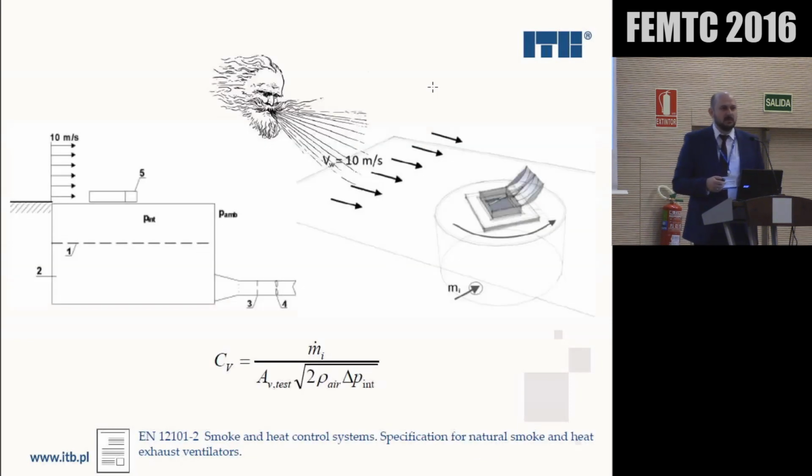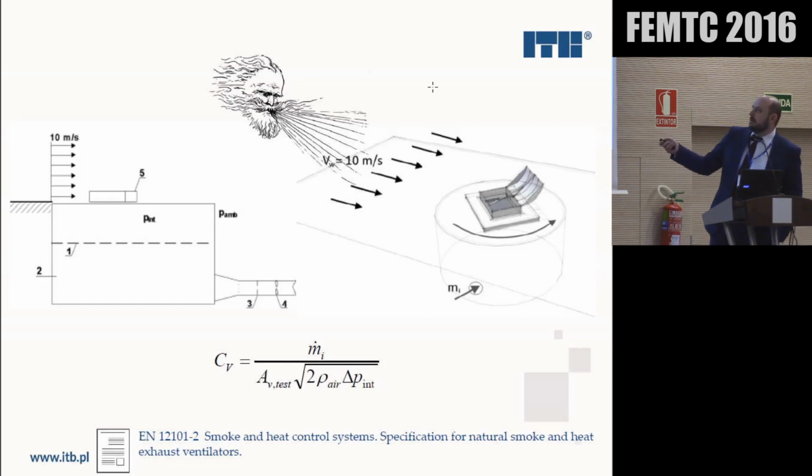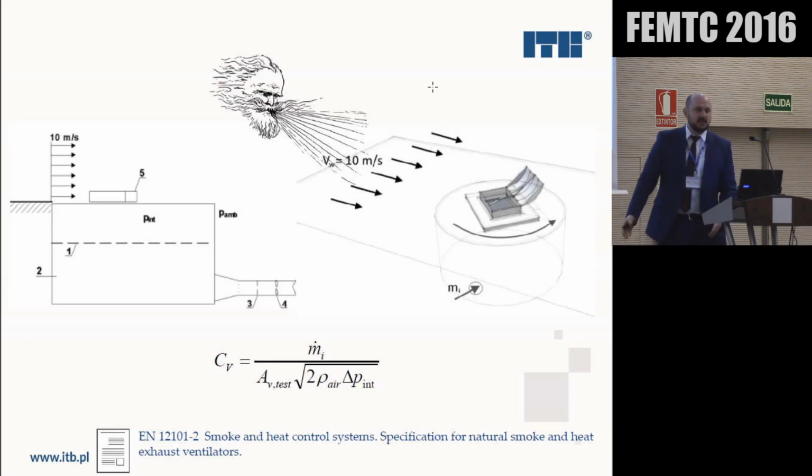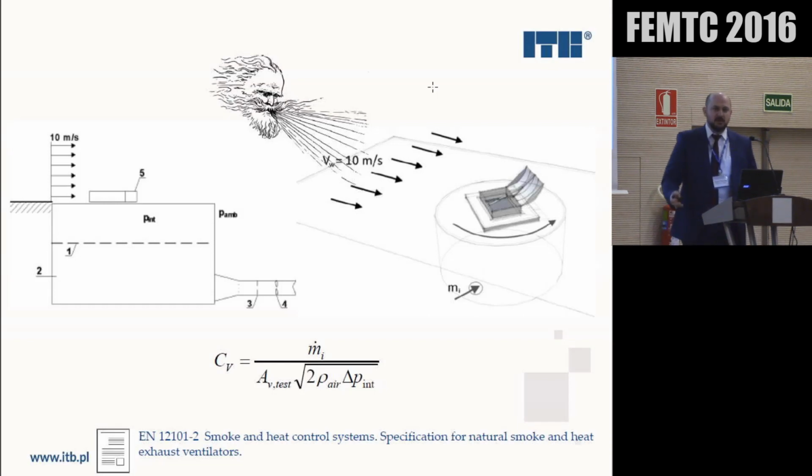It comes, at least in Europe, from a standardized test. There's a standard called EN 12101 Part 2, which says how you should test your natural ventilators. In the test, you have a chamber on the floor, like the one I'm standing on, and you push air into this chamber.